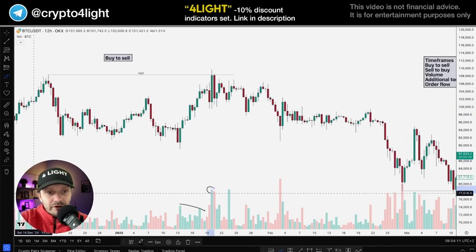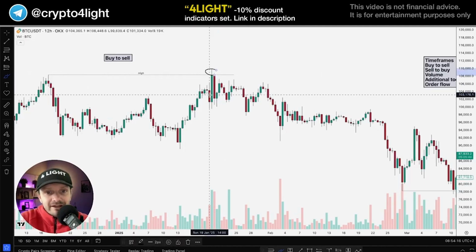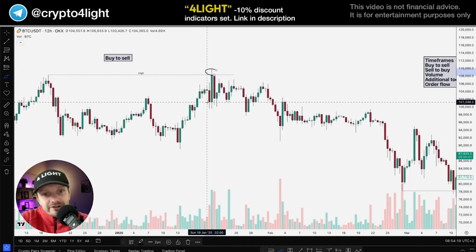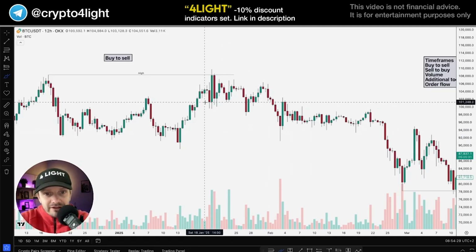Here they push the price higher, grab that liquidity, and you have to understand, the market makers do not press buy by market one time. No, they use a grid. They accumulate positions step by step. And here they accumulate, for example, at 101K, here 104K, 107K.